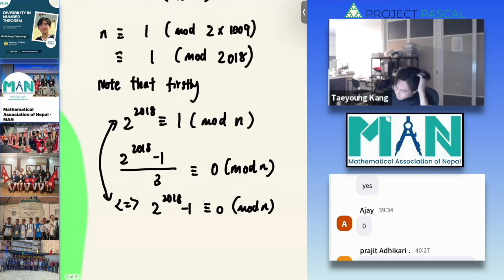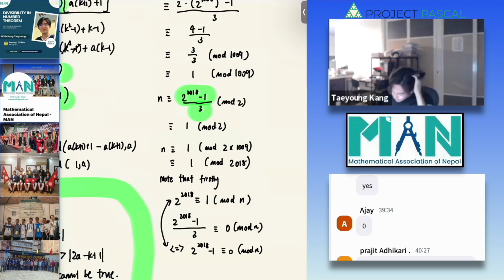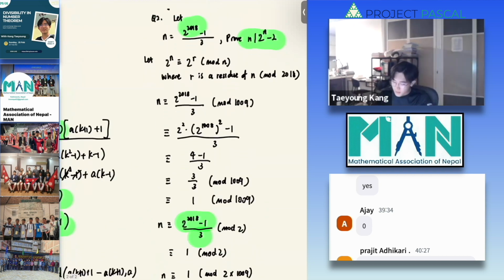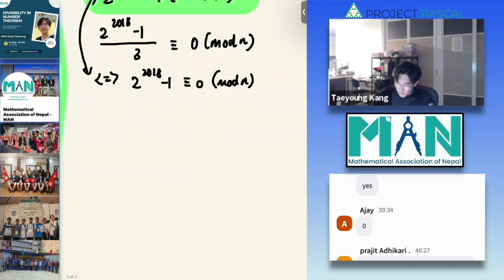So the result that 2 to the power of 2018 is congruent to 1 mod n basically allows us to make this assumption. Because 2 to the power of n is congruent to 2 to the power of n minus any multiple of 2018, mod n.